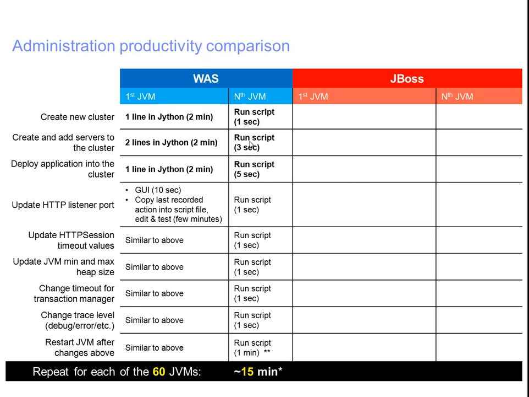When you run it for 60 JVMs, it's going to be very fast because it's a scripted deployment. So when you would like to provision that kind of environment, a new cluster with a new application and custom properties for 20 machines in your cloud with 60 JVMs, the entire task is probably going to take 15 minutes, maybe less, maybe more, depending on the speed of your servers.